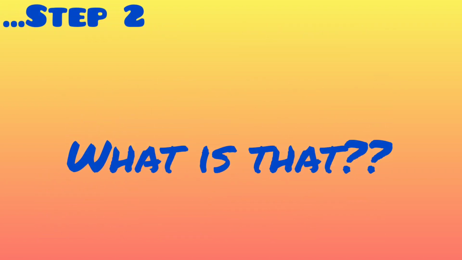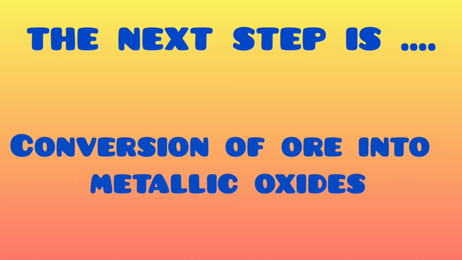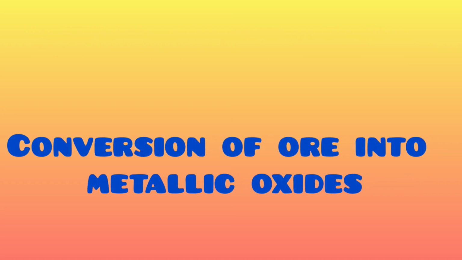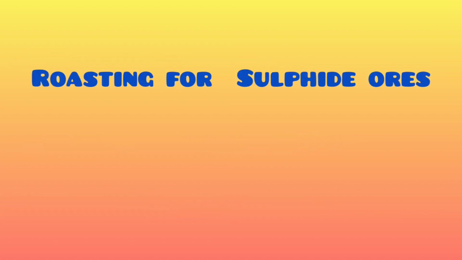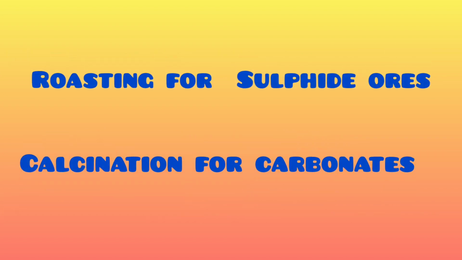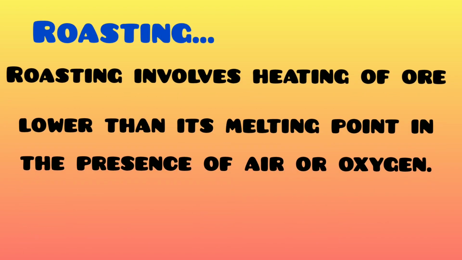The next step in metallurgy is conversion of the ore into metallic oxide. How is it done? If it is a sulfide ore, by roasting, and by calcination if the ore is a carbonate ore. What is roasting?